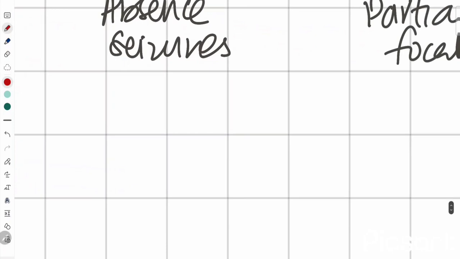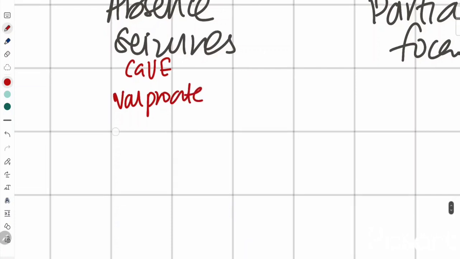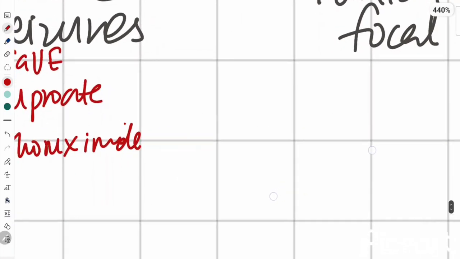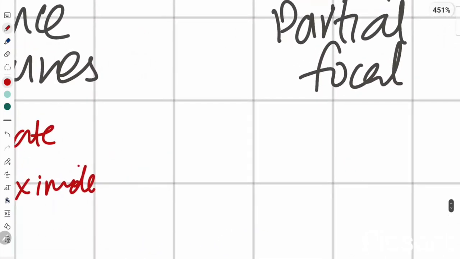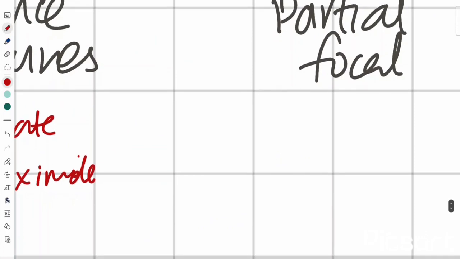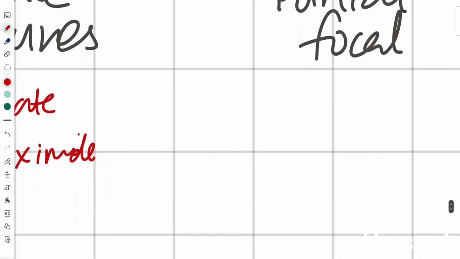Absence seizures are very easy, again remember by CAVE. They are valproate or valproic acid and ethosuximide. And partial focal seizures, they're actually a big list, so I did not make any mnemonics.